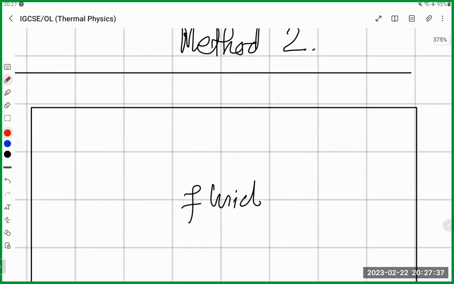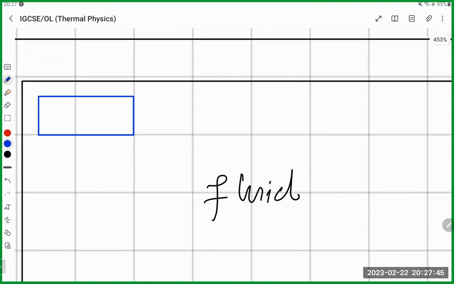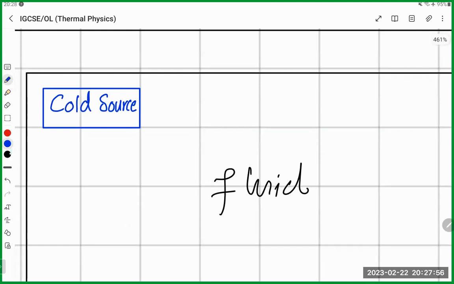So if we have a source that can take heat energy out, this is a cold source. So what will happen to the air around it? Air or fluid which is next to it.